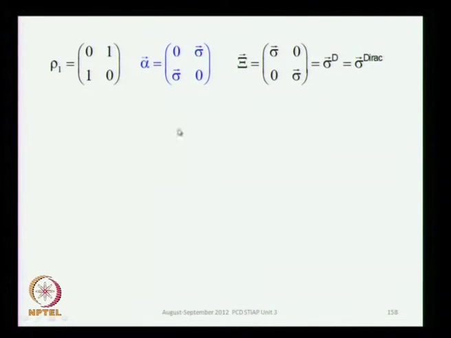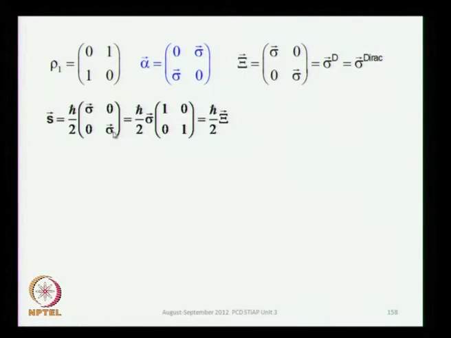So in the few minutes we had before the last class ended, I introduced the sigma matrix, which is the Dirac sigma. So I will quickly remind you about our notation. Your spin is h cross by 2 sigma, and depending on how you interpret this sigma, this is just a matter of notation, and some books use one, some books use the other, but depending on the context you know whether it is a Pauli sigma or a Dirac sigma.